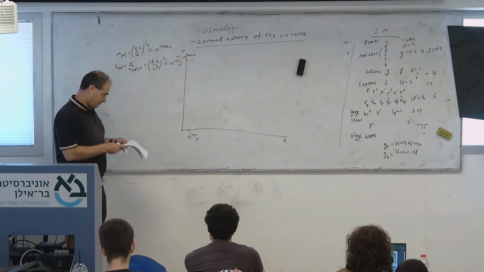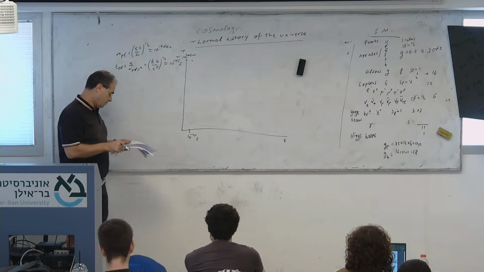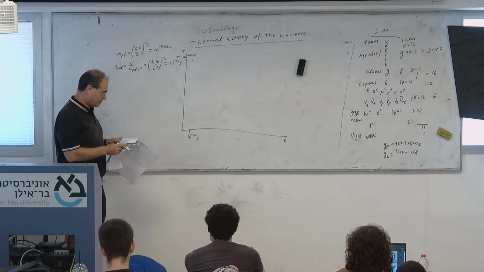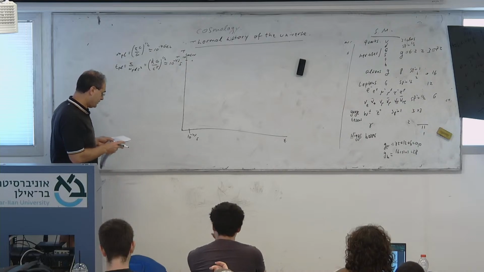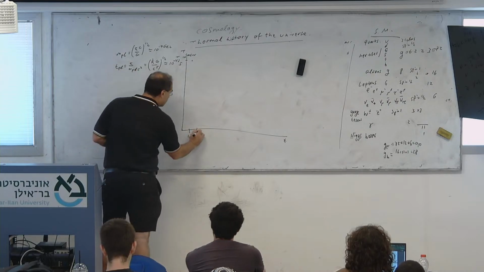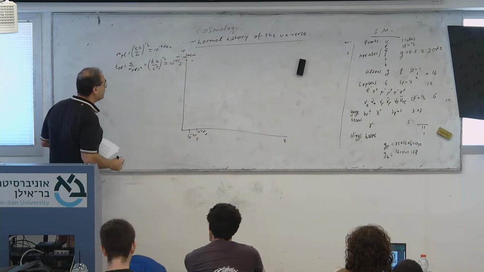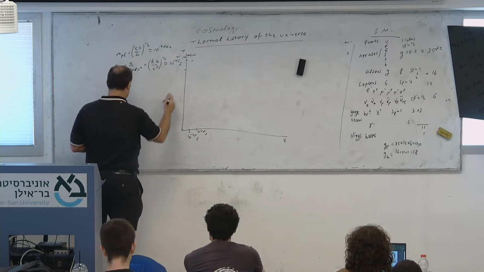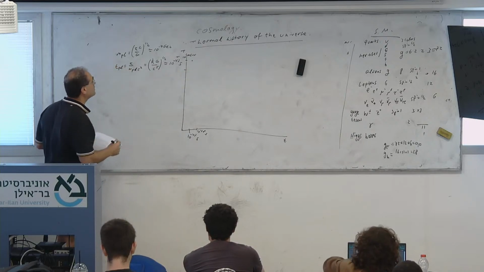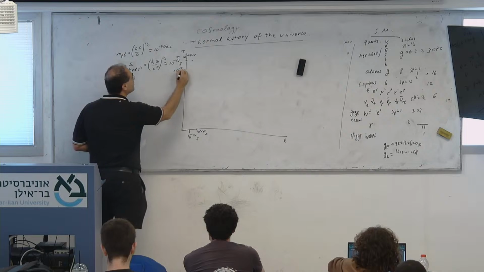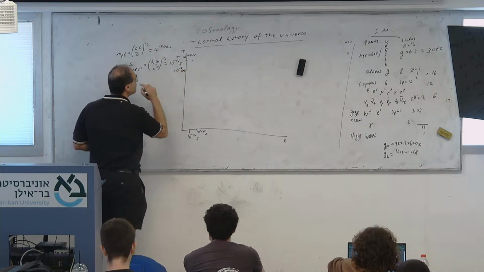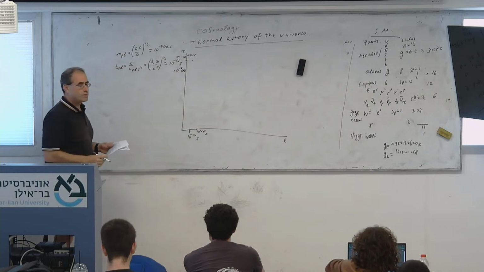The next is at around 10 to the minus 38 seconds. The temperature drops down to around 10 to the 16 GeV. That is known as the GUT scale.